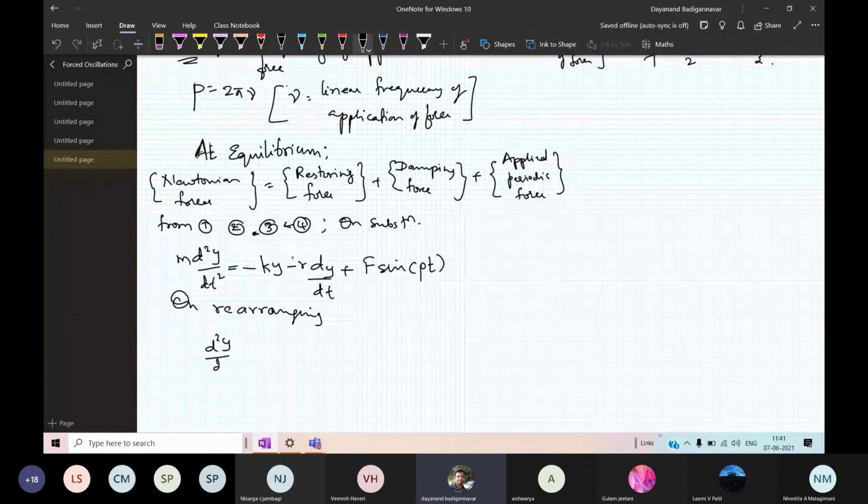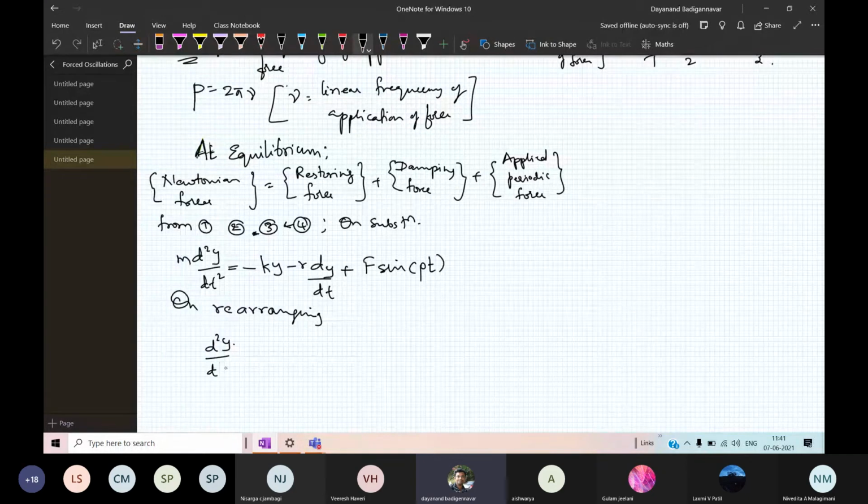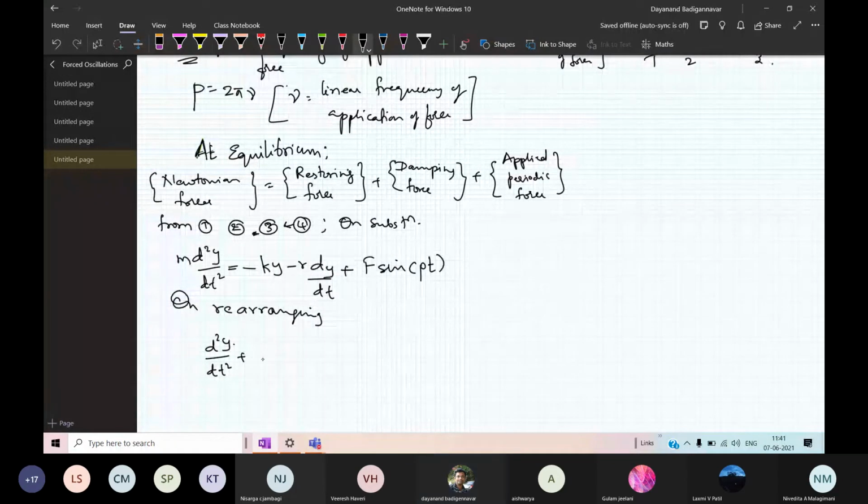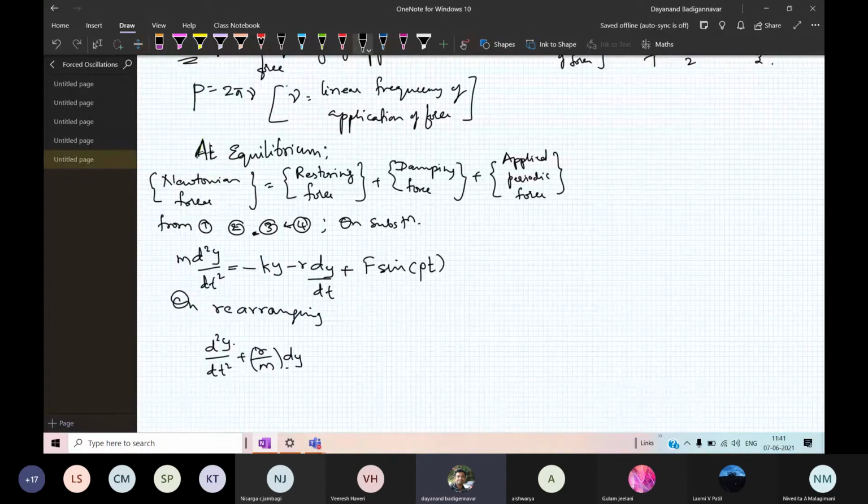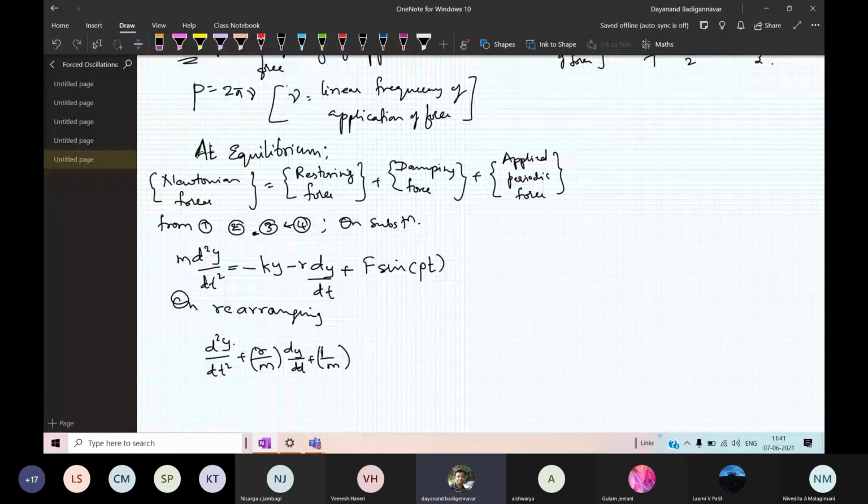That gives d2y by dt square plus r by m dy by dt plus k by m into y is equal to F by m into sine of pt.